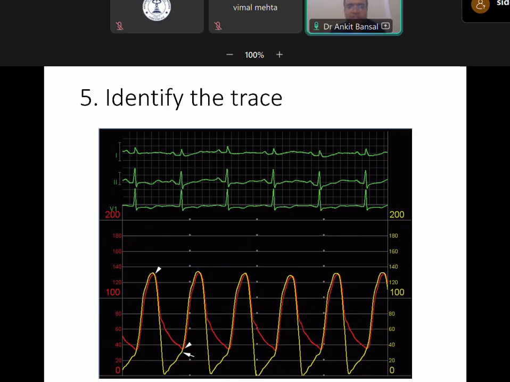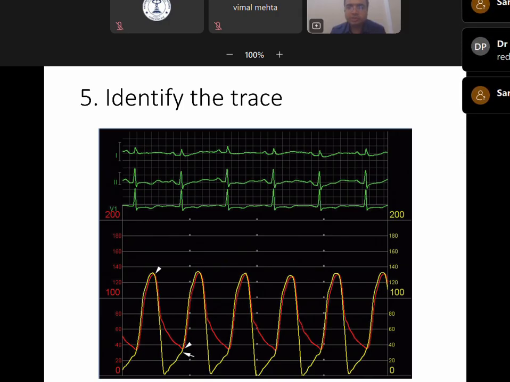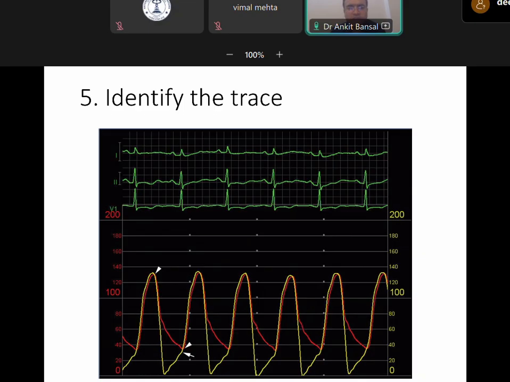First identify the yellow trace and the red trace. What is the yellow trace and what is the red trace? The yellow trace is LV, so red is aorta.